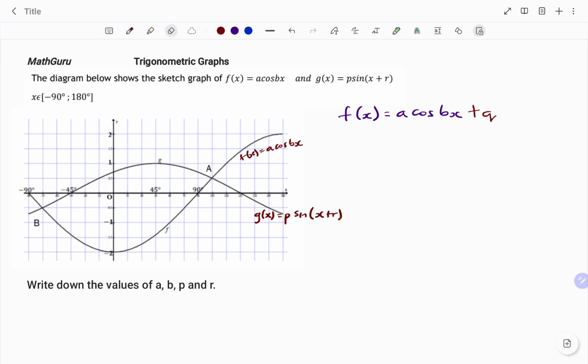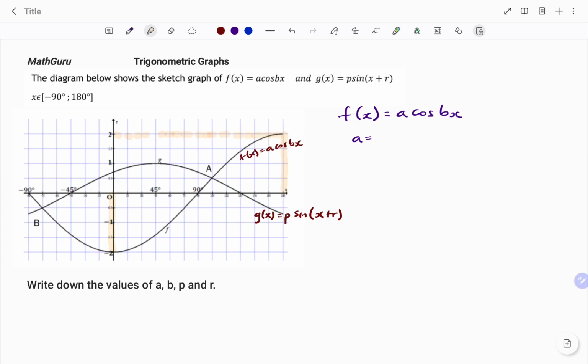So therefore, to find a, which is the amplitude of the graph, a will be the maximum displacement from the origin, that is the rise or the maximum depth. If you trace that back to the y-axis, that will be 2 units.